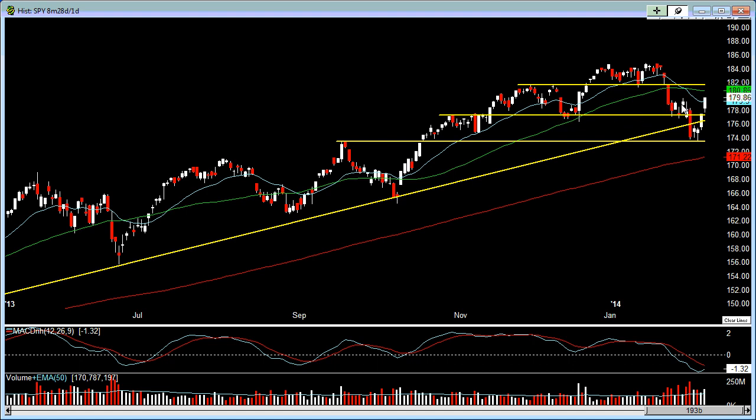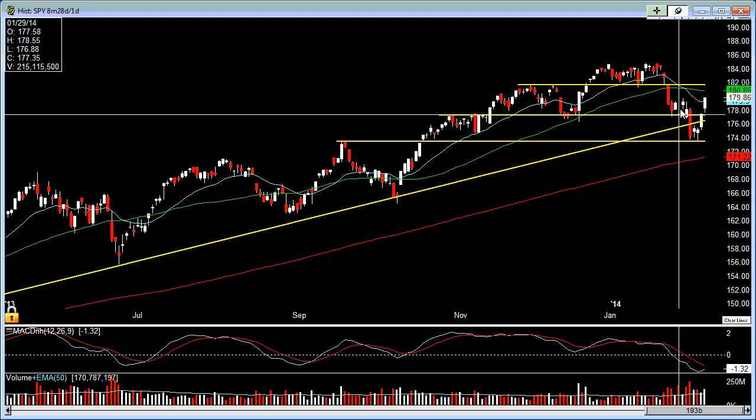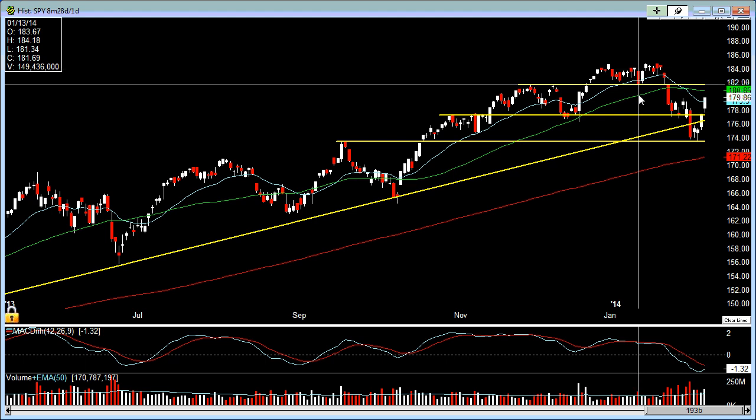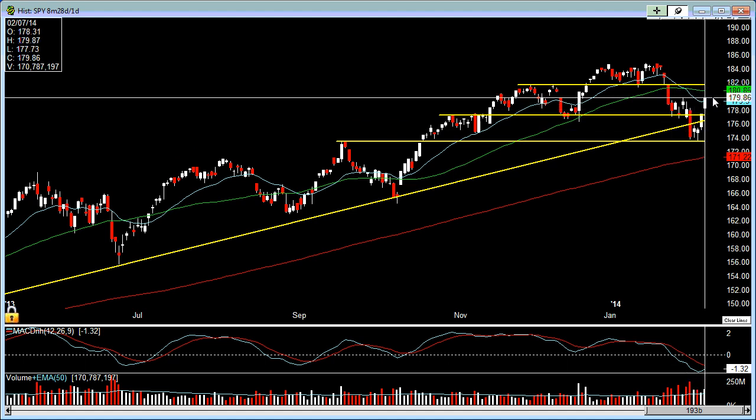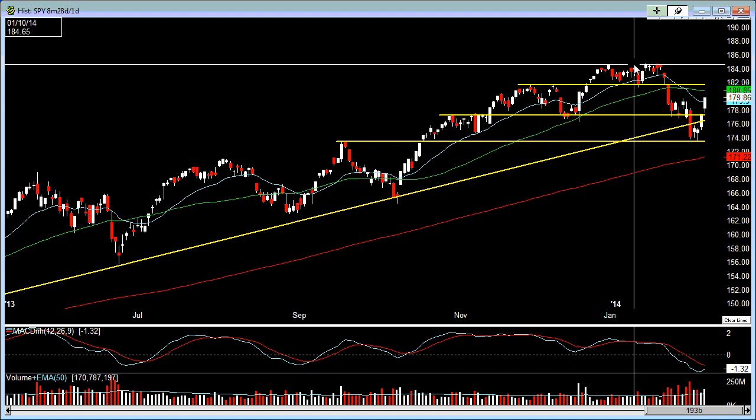It has taken out this little pivot up here, this pivot close at the 179. So essentially you're looking to see whether it can get up to this pivot close at 181.69 or near this 182. If it could get back up above this 182, then most likely we will be seeing an attempt to come up and take out the previous all-time high.